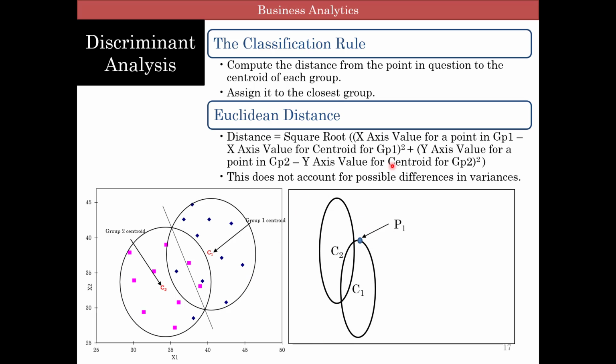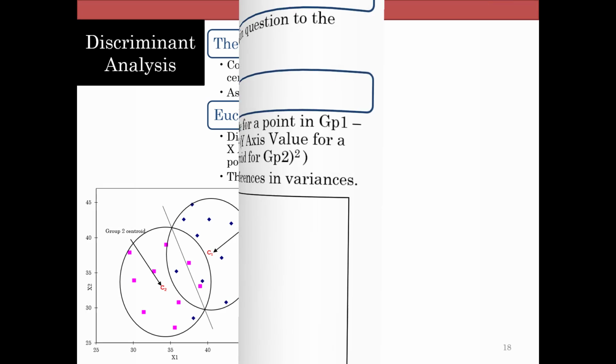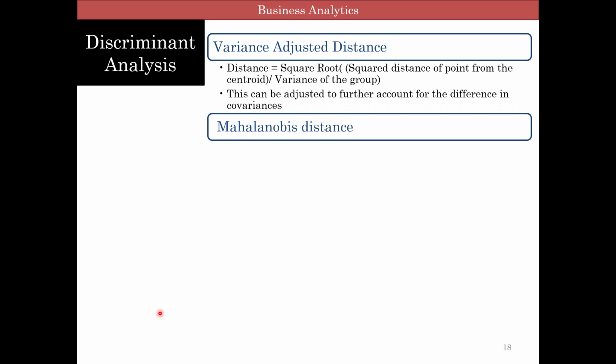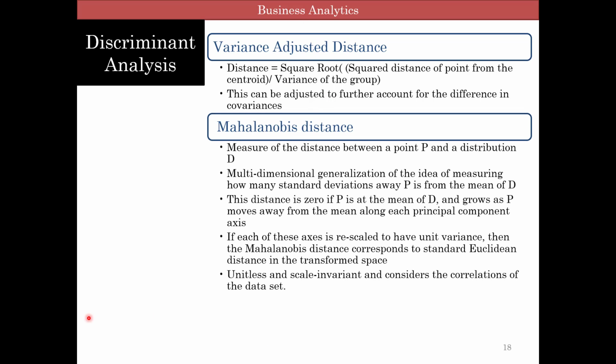So the Euclidean distance measure requires the distribution not to be stretched in any one direction, along any one of those axes. There is a new distance measure called variance adjusted distance, also the Mahalanobis distance measure. All you need to know is that if your data set is not distributed equally along both axes, you cannot use the Euclidean distance and you've got to use the Mahalanobis distance measure.